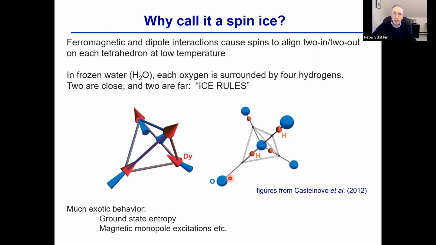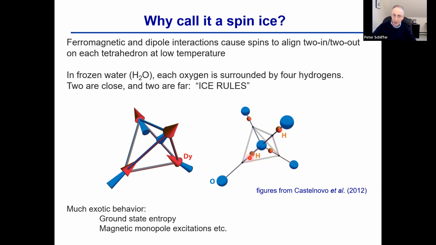And the reason that they're called spin ice is that the low energy state in each tetrahedron has 2 moments pointing in and 2 moments pointing out. And that turns out to be exactly equivalent from a physics standpoint to the state of hydrogen atoms in frozen water, the stuff that if you're in a northern latitude is falling from the sky these days.